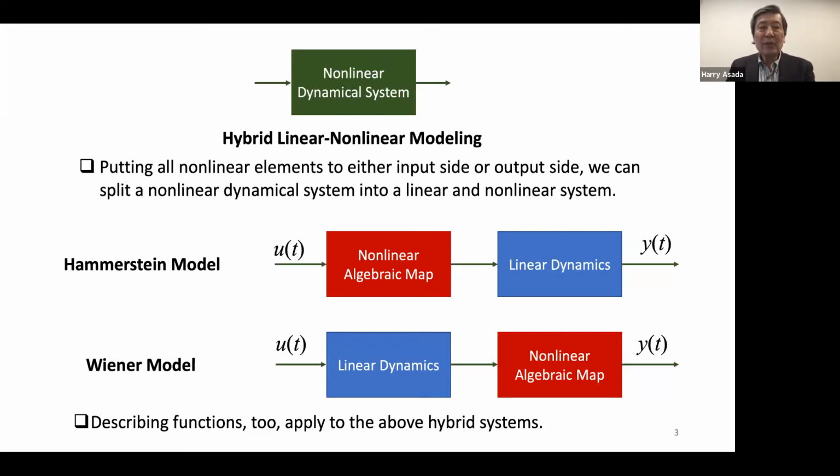One way is what I would call hybrid linear-nonlinear modeling. The concept is that by putting all the nonlinear elements involved in the system on either the input side or the output side, we can split the original nonlinear dynamical system into a linear and a nonlinear system, and the linear system we can deal with well. The first case is called the Hammerstein model.